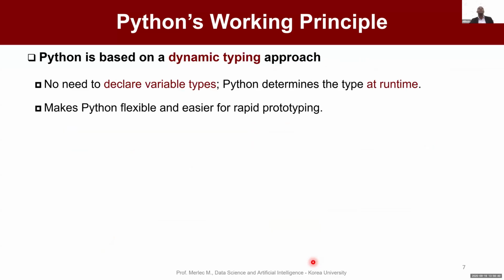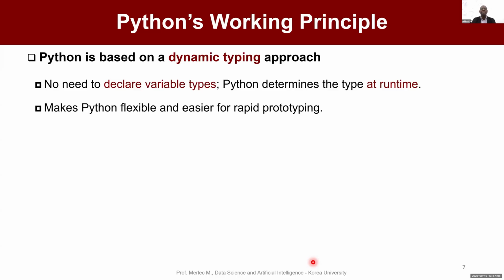And Python, in terms of features, is based on a dynamic typing approach, which means there is no need to declare any types of variables like in other programming languages like C. Python does not require defining any type of variable, and it determines the type at runtime.